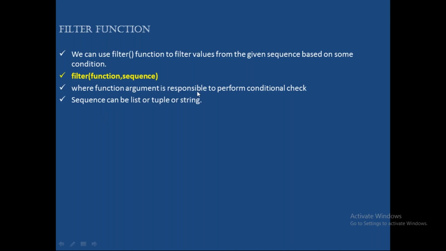A sequence can be a list, tuple or string. Example: L = [0, 5, 10, 15, 20, 25, 30]. Don't get confused. Just focus on this lambda. If I pass 5 to this particular function, what is the x value?